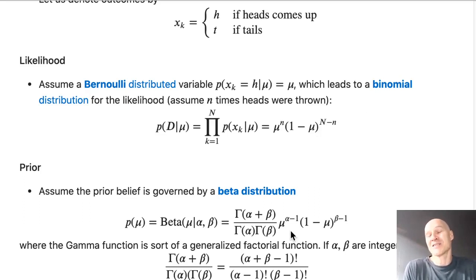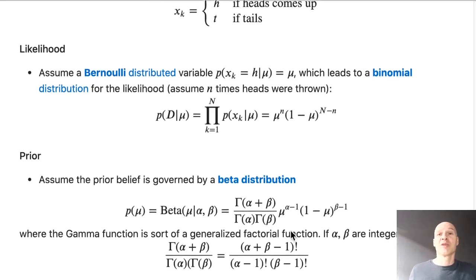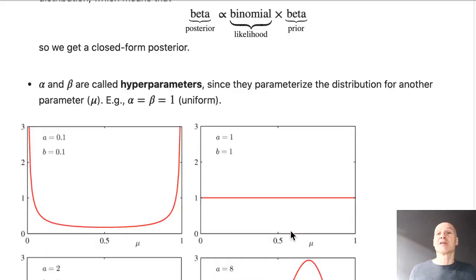In this case, it turns out to be a beta distribution. And that's a really nice property because it means we can solve our equations analytically. So let's choose the beta distribution. And by choosing different values of alpha and beta, you can instill the amount of knowledge that you have about mu. I'll give a few examples here.